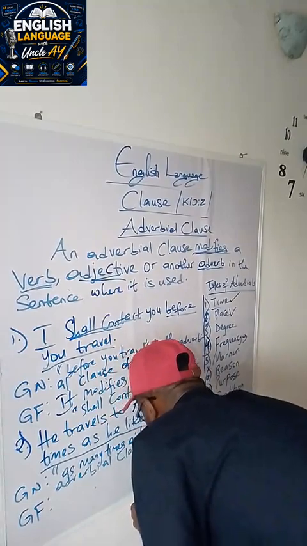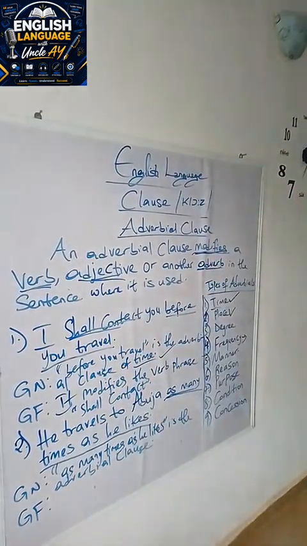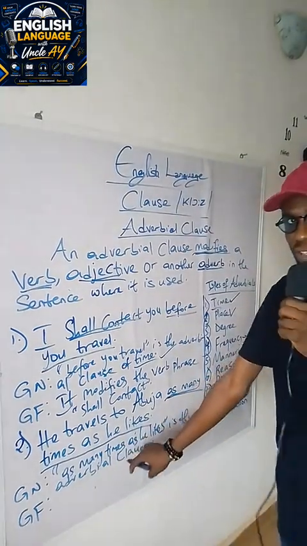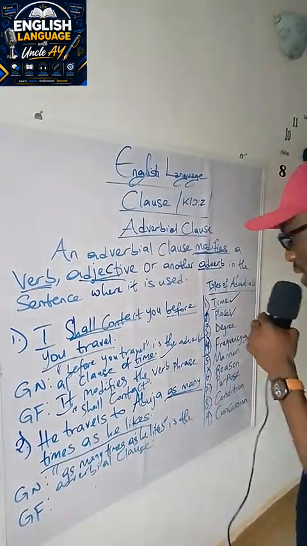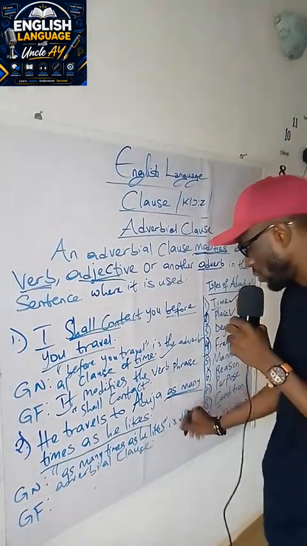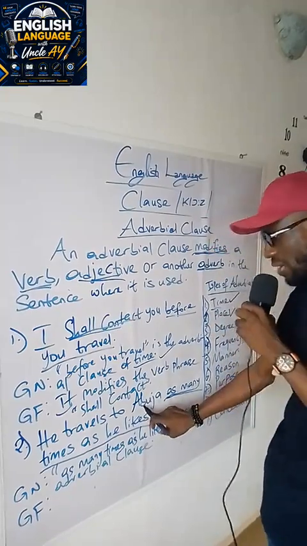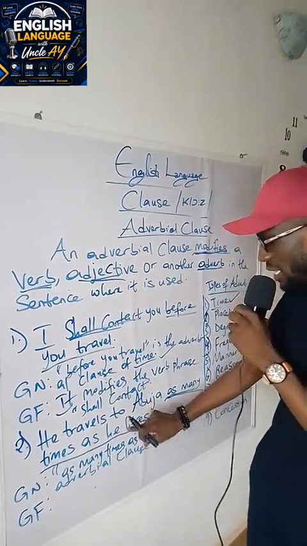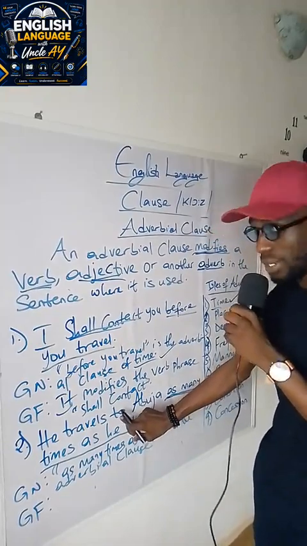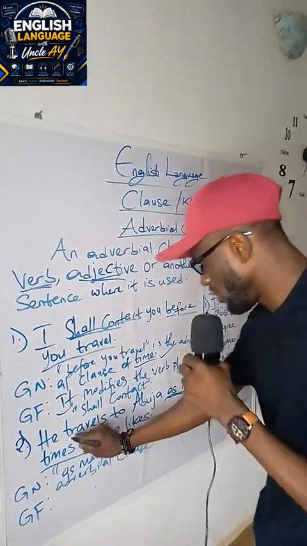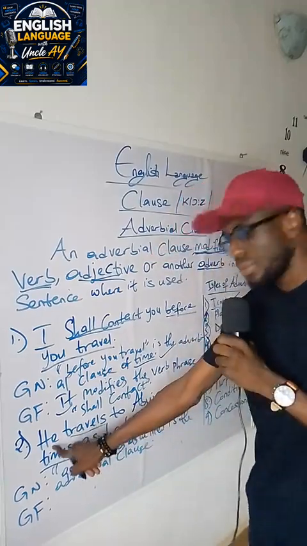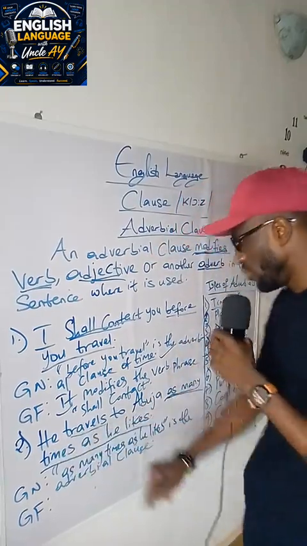clause. So what is the function of what we highlighted as a grammatical name here in "as many times as he likes"? So let's go. Let's not forget the definition. It modifies, right? So this is a noun. An adverbial clause does not modify a noun. Neither does it modify a pronoun. A preposition. So this right here is a verb in "travels." This is a pronoun, so it modifies this.